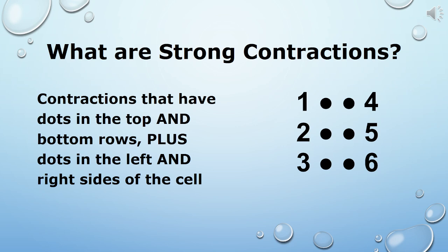Firstly, let us have a quick recall on what a strong contraction is. Basically, a strong contraction is a Braille symbol that has dots on the top and bottom rows, as well as dots on the left and right side of the Braille cell. In the previous videos, I had shown you strong contractions, which are the strong word signs for and, for, of, the, and with.